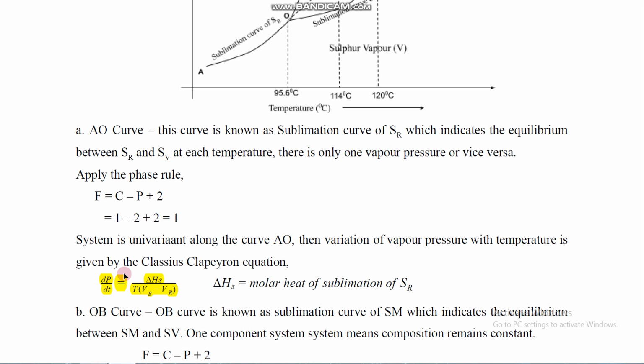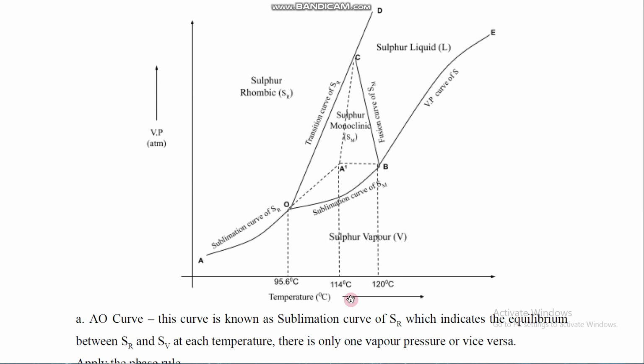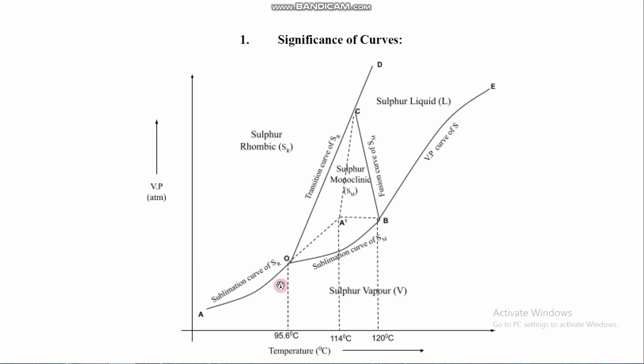Delta Hs is the molar heat of sublimation of sulfur rhombic. So this is the first curve, the AO curve, and the second curve is the OB curve.